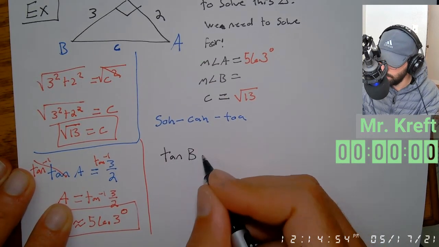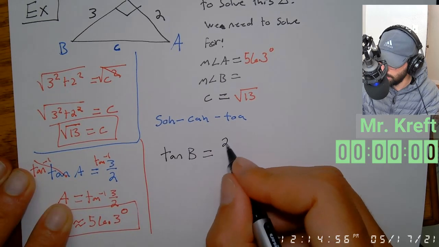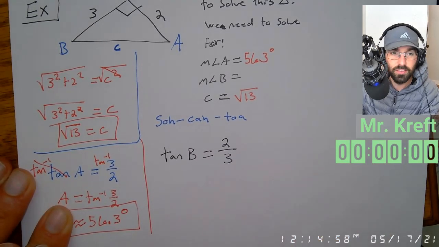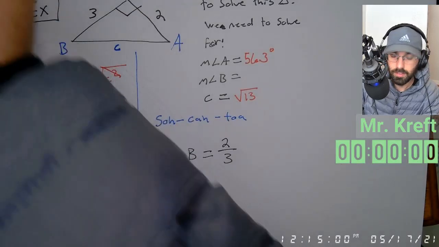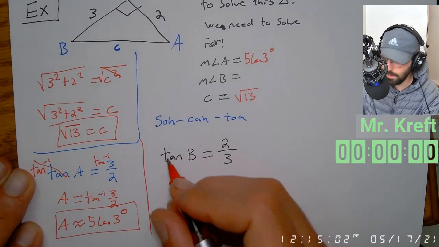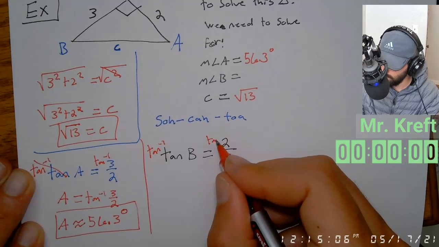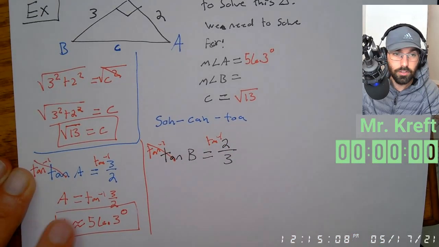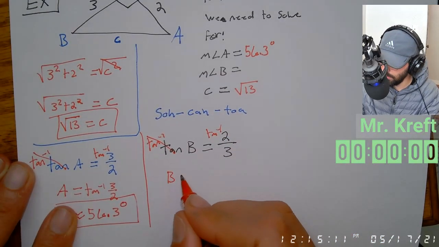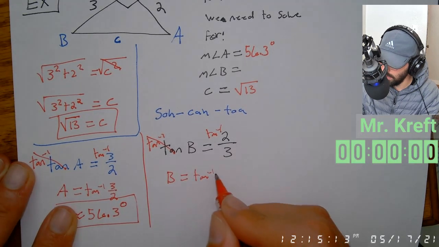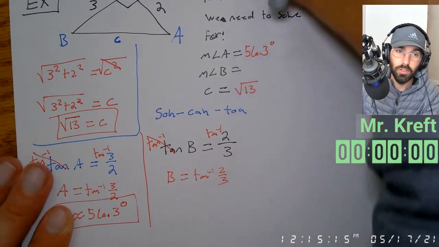I'll have tangent of angle B equals my opposite side over my adjacent side. The B is inside a shoe, so I have to take off the shoe. The tangents go away. I get angle B equals tangent inverse of 2/3.